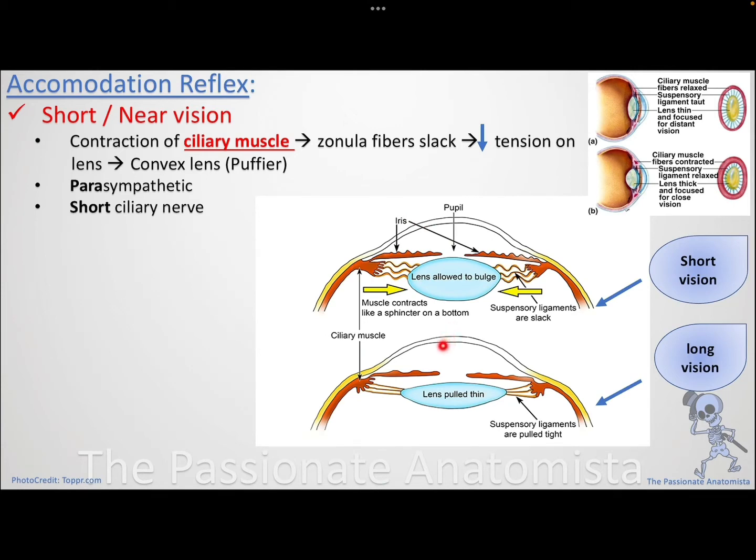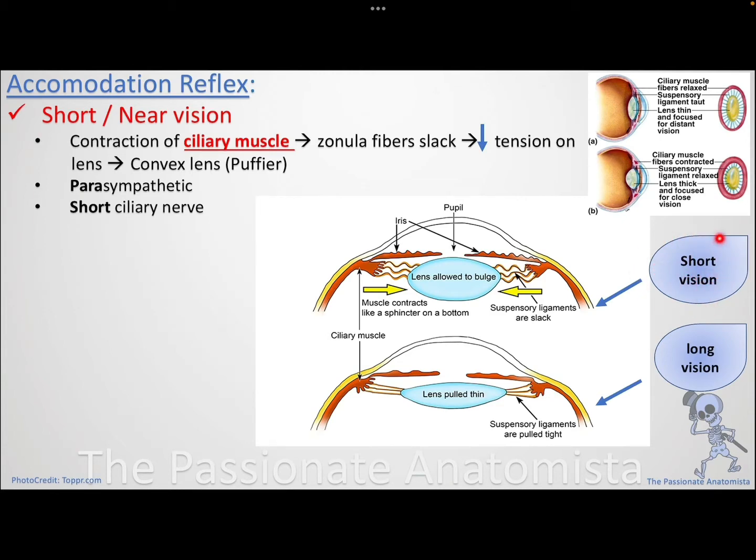Remember that this happens by parasympathetic innervation through the short ciliary nerve. If I have a near object, I need to activate my accommodation reflex. The accommodation reflex is for near objects, for short vision.